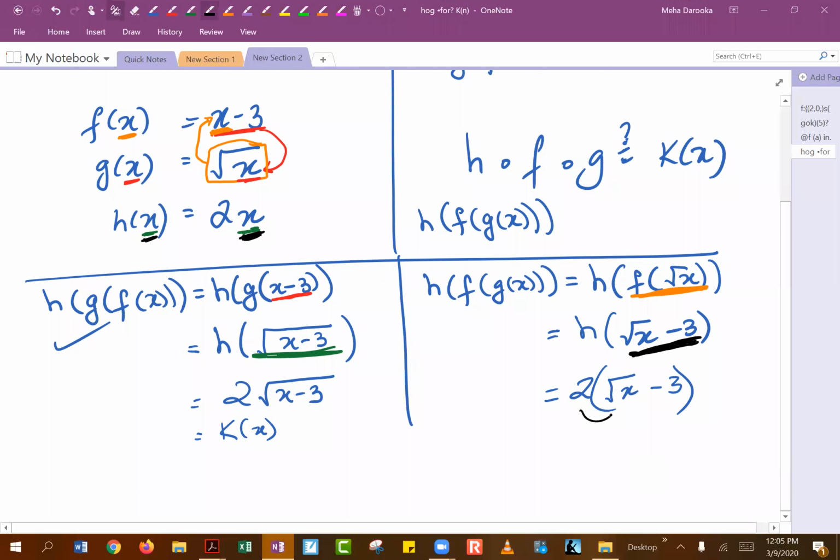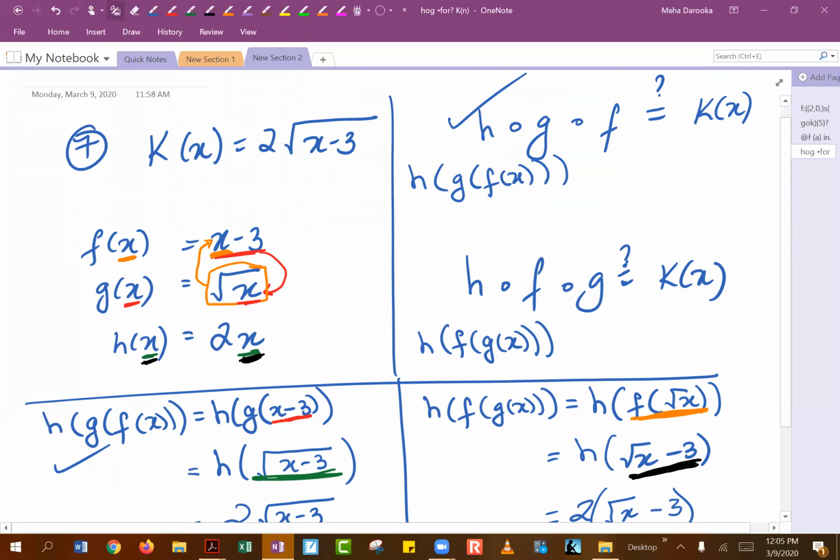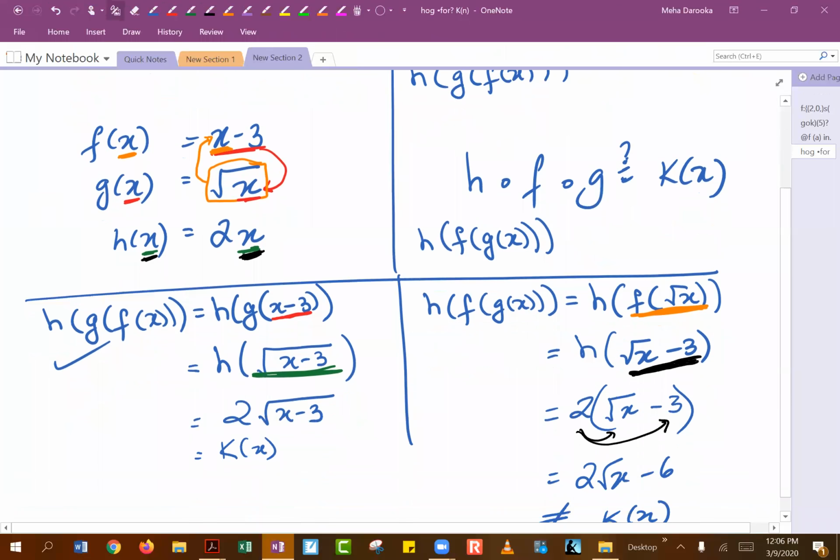If you were to distribute this, you're actually going to look at a very different function than the one you started out with. And this is not equal to x. That order of your composition is very, very important.